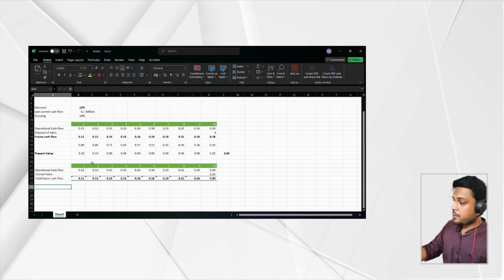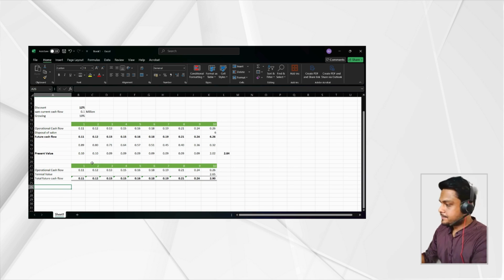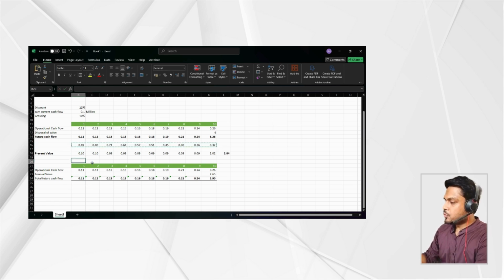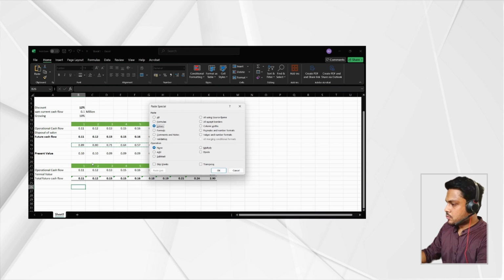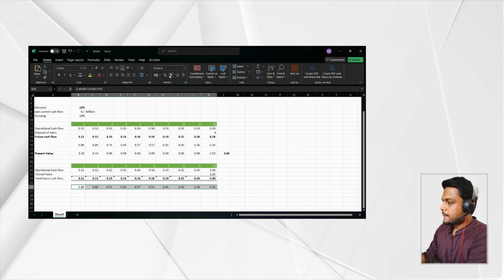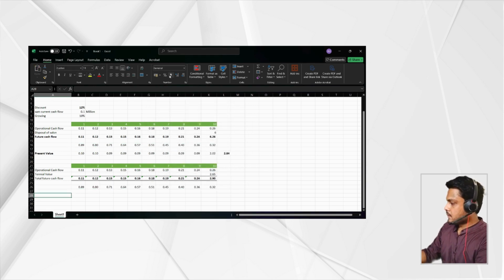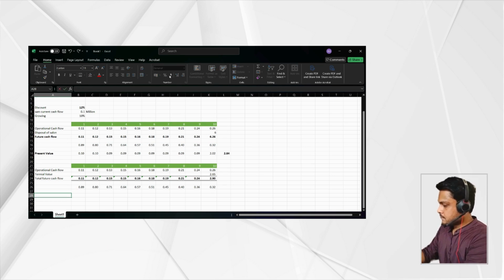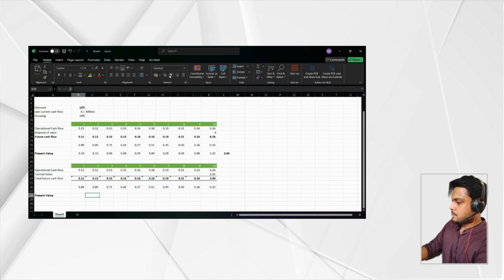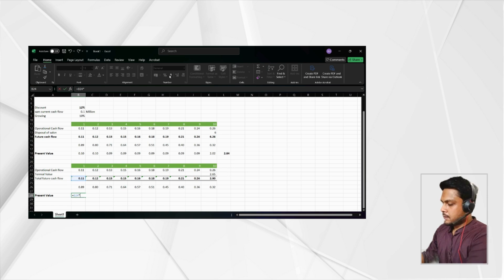Now we will discount the total future cash flow at 12% to get the present value. We can value paste from above because we are using a 12% discount rate now. So yeah, we can value paste it, and then multiply the future cash flow with the present value factor.